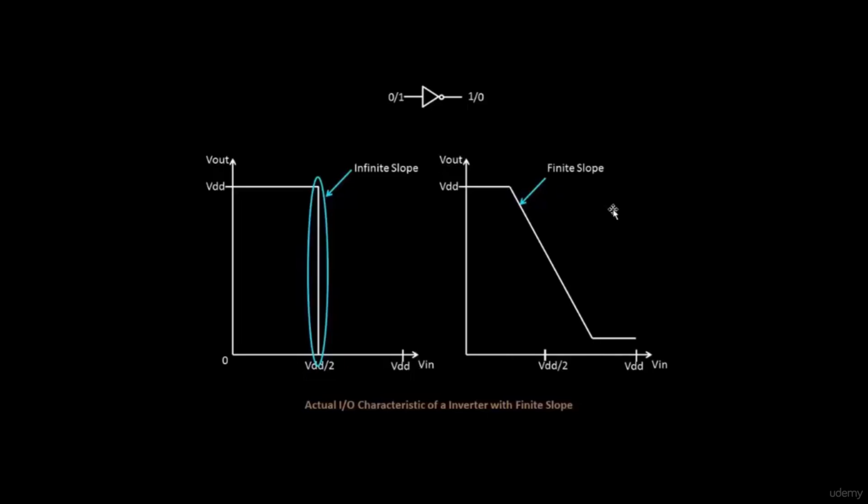So it has some value, it is not infinite. A system with a finite slope is what we are looking for, because every system has its own resistances and practical scenarios, and as a result the output drop will not be instant, but gradual, and you have a finite slope.